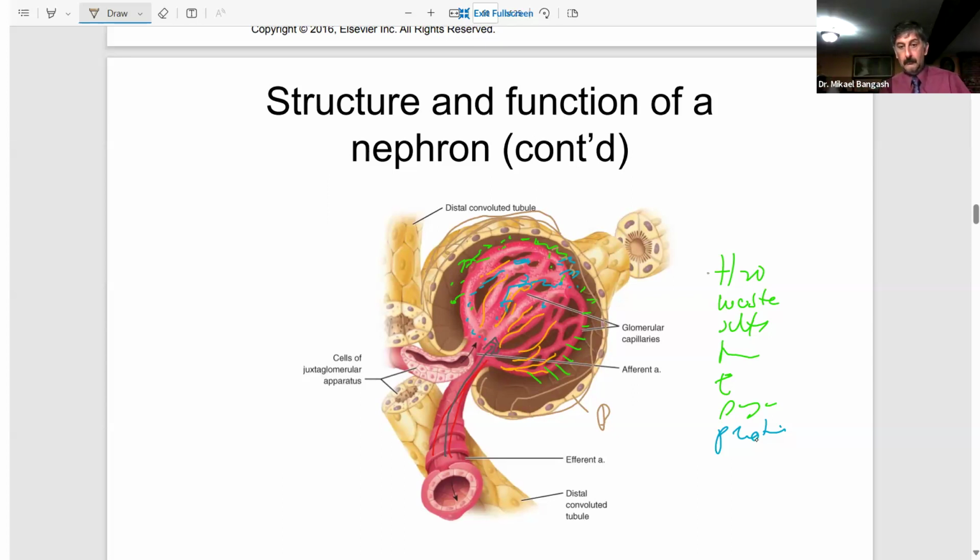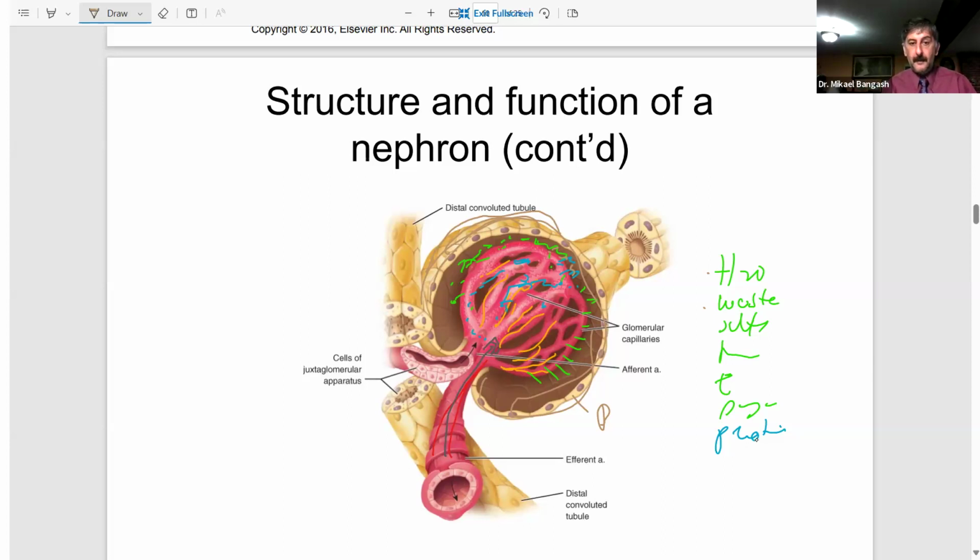Primarily water, wastes, some salts, minerals, electrolytes, even some sugars, and only if there is damage to the glomerular structure, it is porous enough to let big molecules like proteins pass through the glomerulus into the Bowman's capsule.